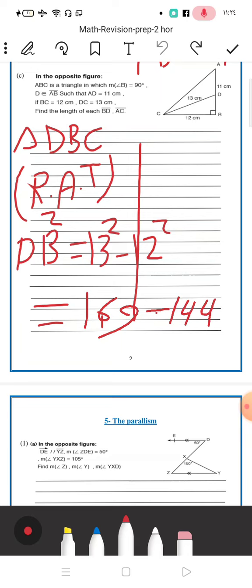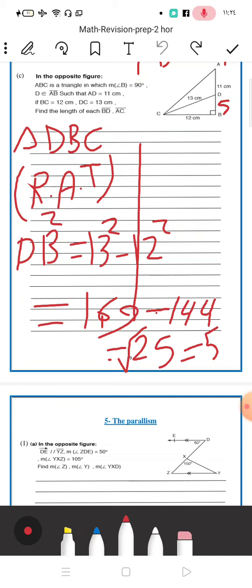By using your calculator, you can find the result. Okay, it will be equal to 25. So the length of this part, which is DB, equals the square root of 25, it will be equal to 5. So this part equals 5 centimeters.